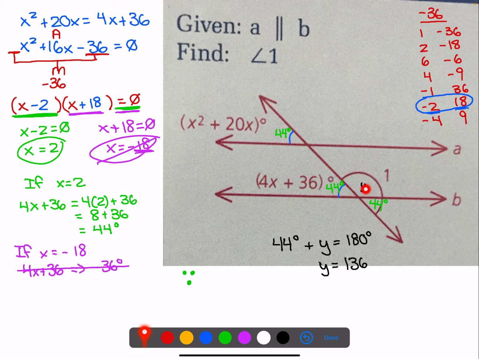Therefore, angle 1 is equal to 136 plus 44, which of course is a straight angle. So therefore, we can find out that angle 1 is equal to 180 degrees. We know that x is equal to positive 2. These angles are 44 degrees each, and this problem is now complete.